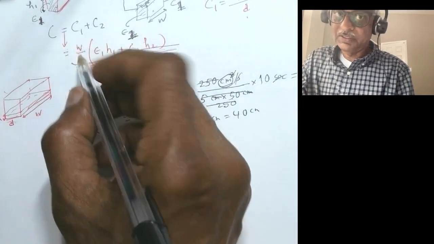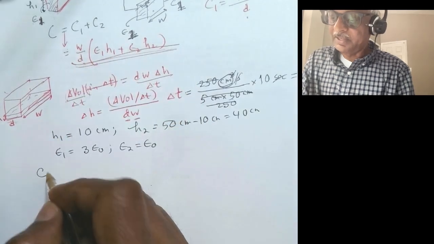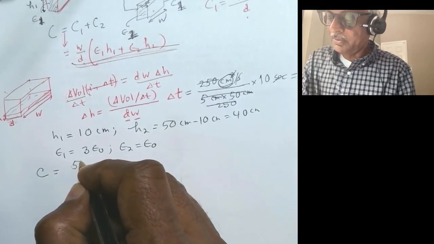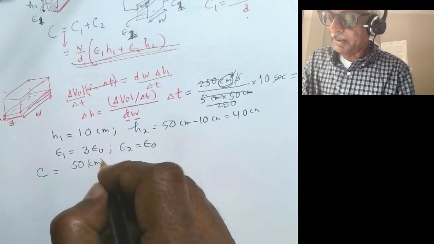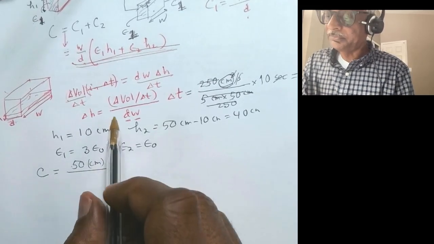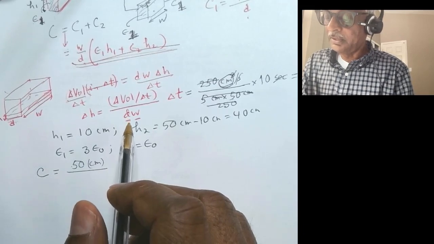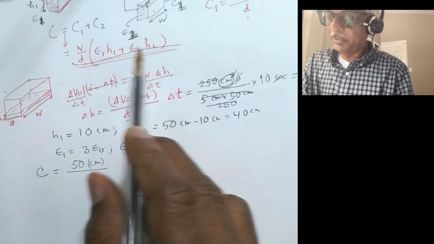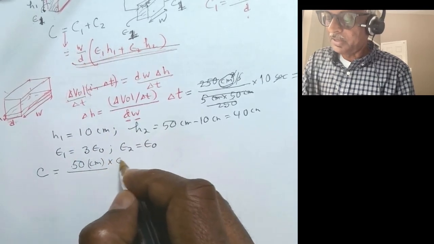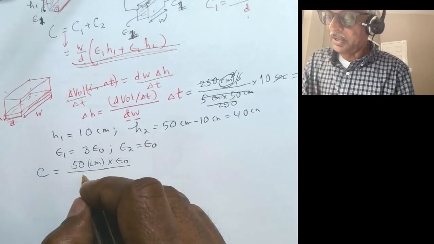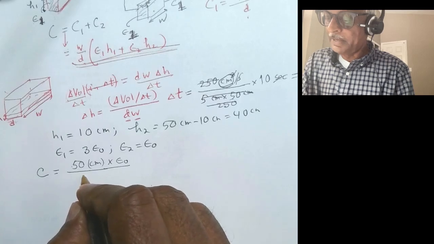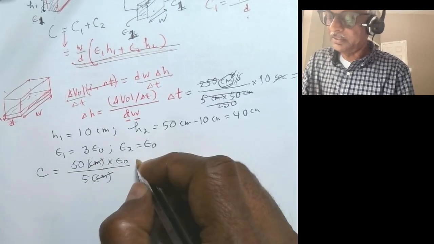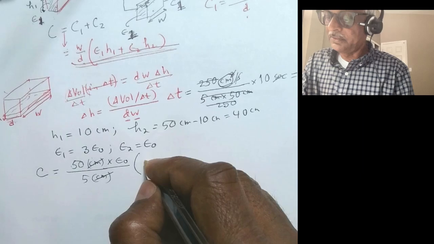Using this formula, C is just going to be W, which was 50 in terms of centimeter, times epsilon naught, since epsilon naught is common, over D, which is 5 centimeter. This centimeter cancels out, I don't need to convert it.